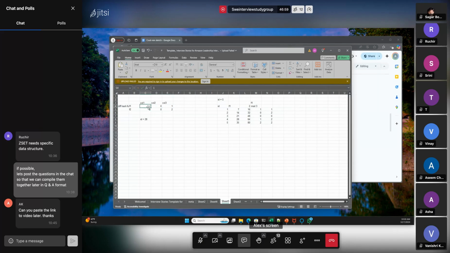What if we put 6 here, and that will be 7 here, right? We have 6 entries. We got ID equal 5, and we get 6 times ID equal 2, right?